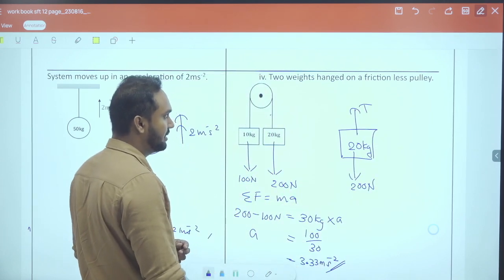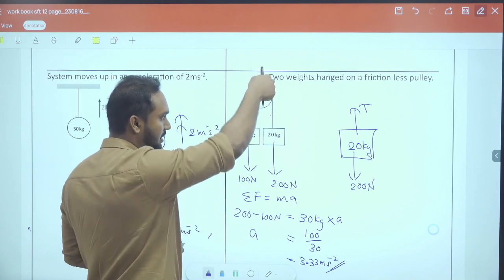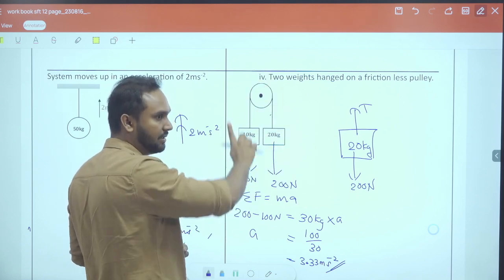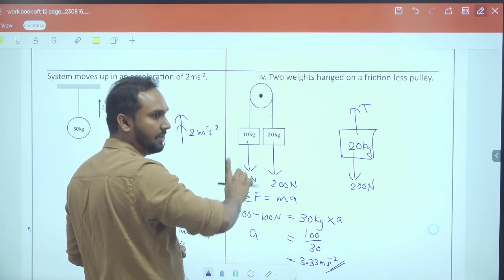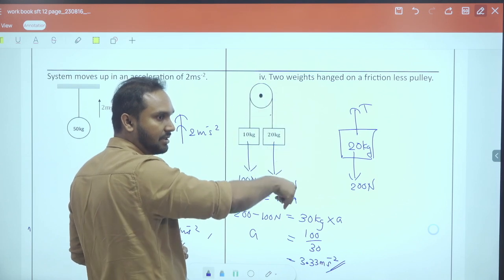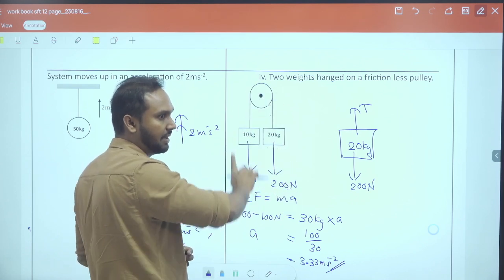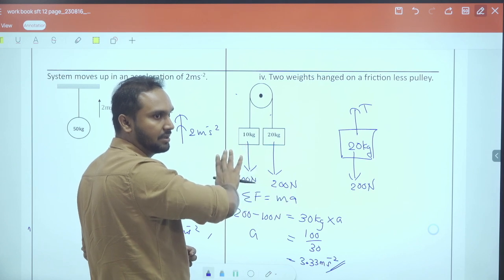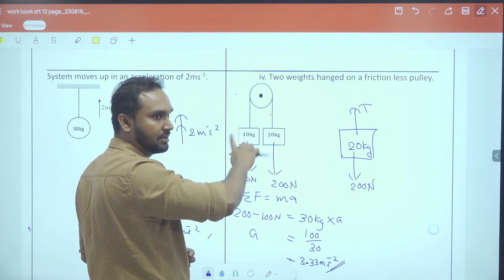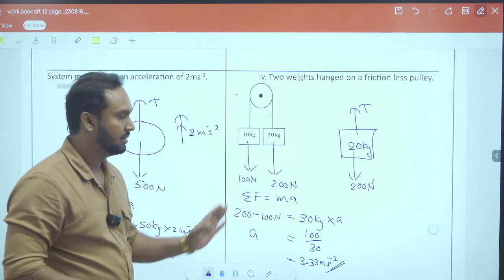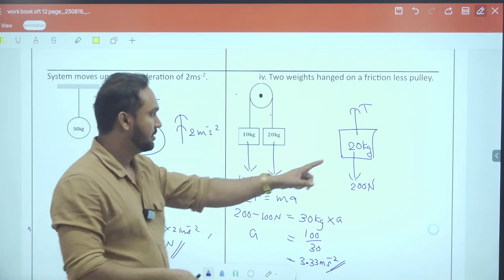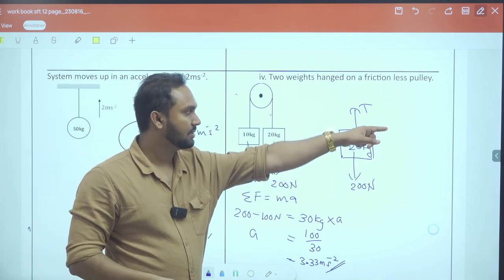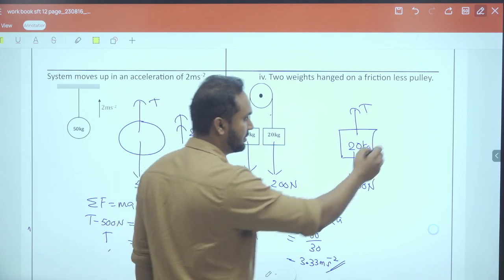We found the acceleration. Here it's downward, here it's upward, but the same acceleration. So when you are selecting the object, the acceleration direction changes. So I selected the 20 kilogram one, so the acceleration is downwards.